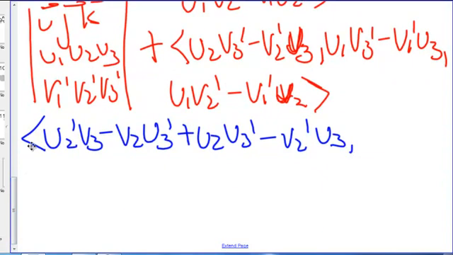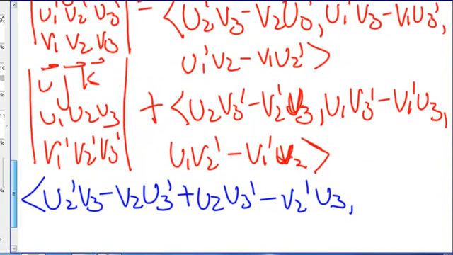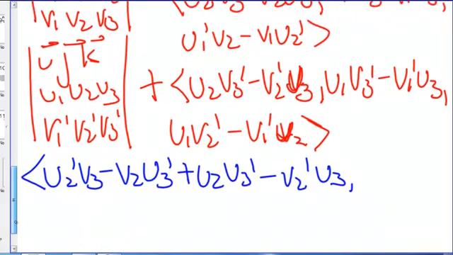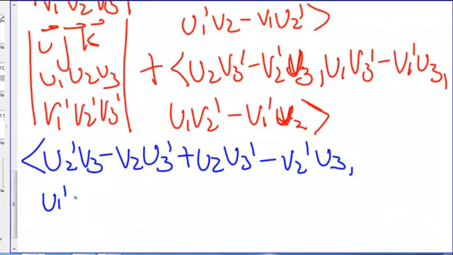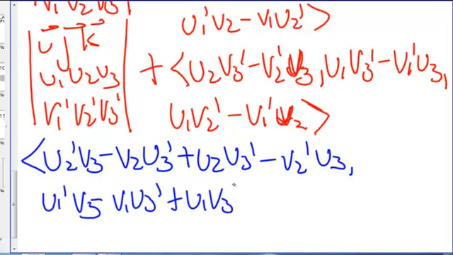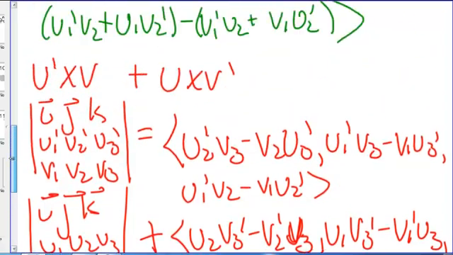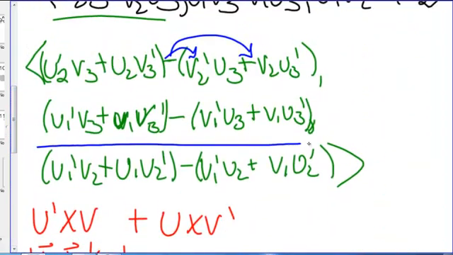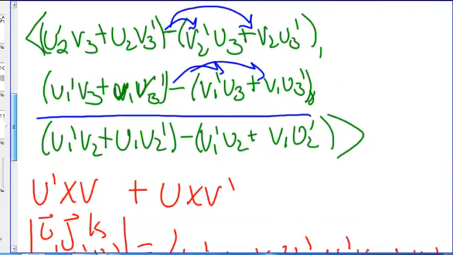And then we can continue. For our second component, we get u1 prime v3 minus v1 u3 prime plus u1 v3 prime minus v1 prime u3. Again, we can compare, and we find that they're equal once we distribute the negative sign.